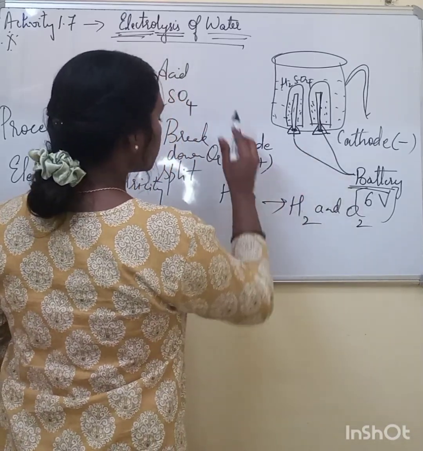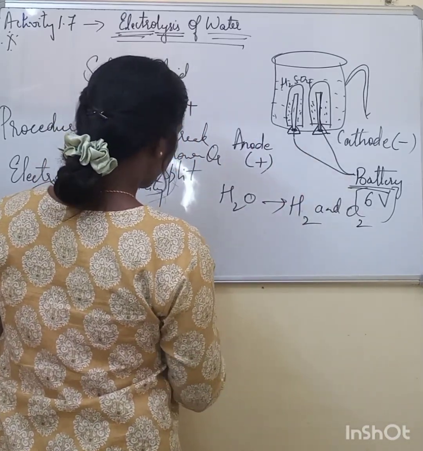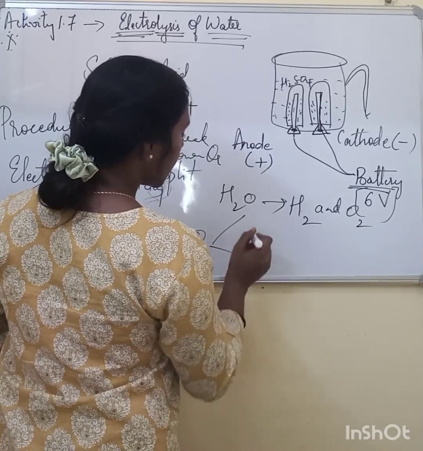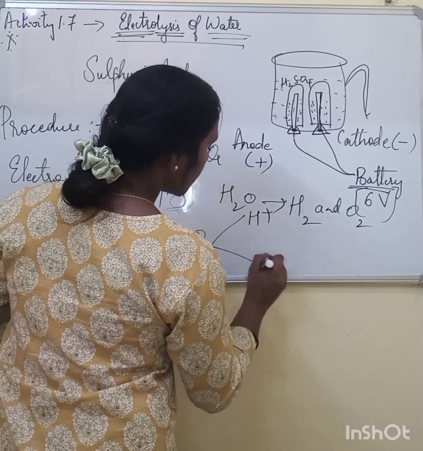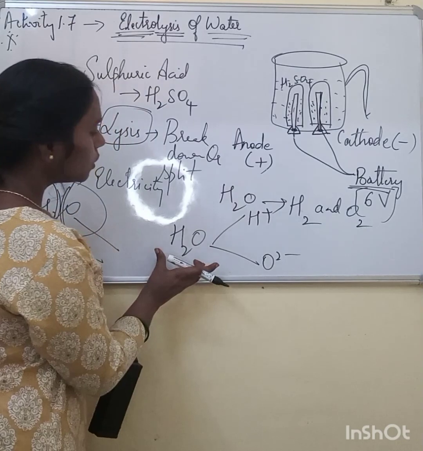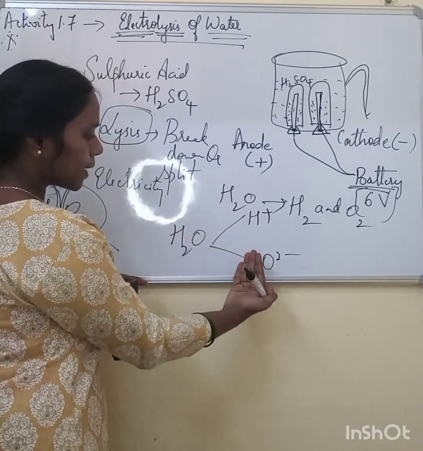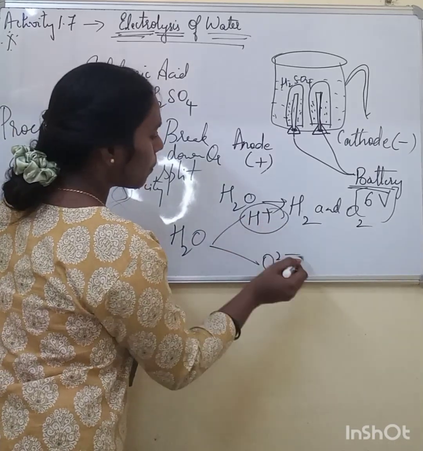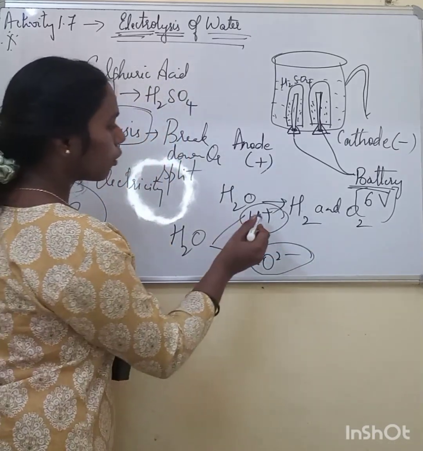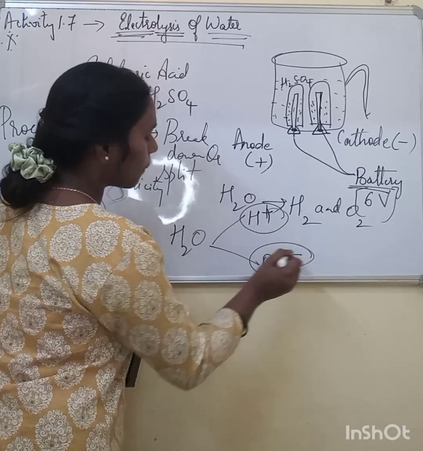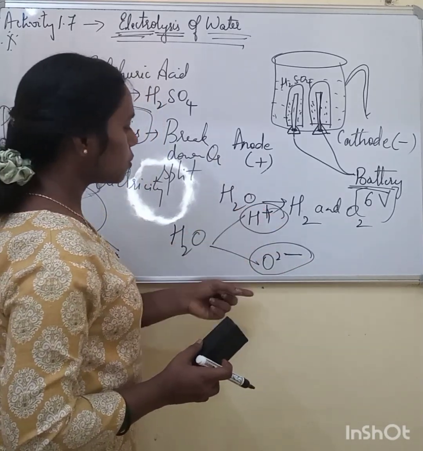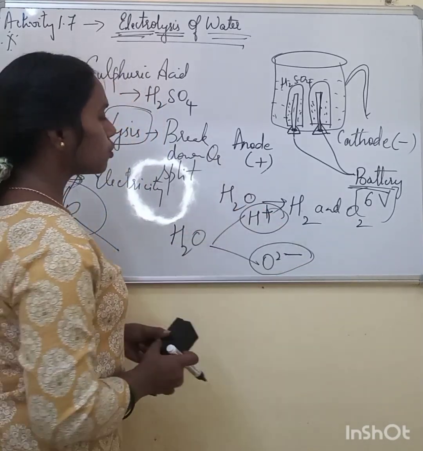When H2O is split into its components, it will be H+ and O2-. Whenever a compound is broken down, if the components are separated, they will be separated in the form of ions. Ions are the ones which have charges on them. So hydrogen will have +1 charge, oxygen will have -2 charge.